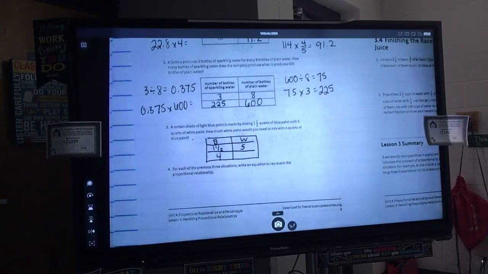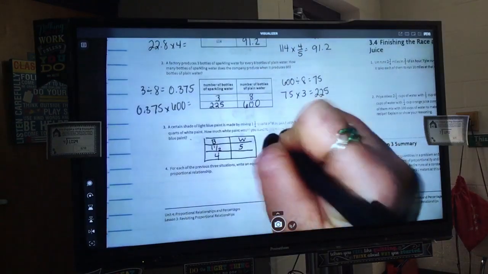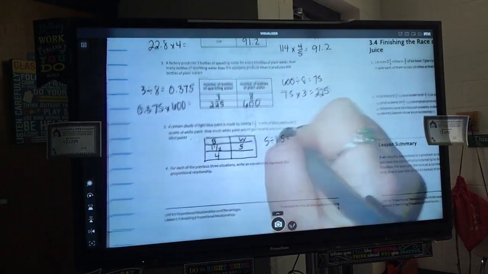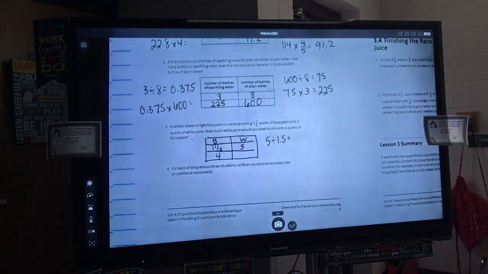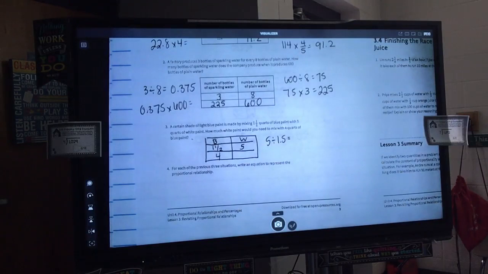They're not so hard. All right, what did you get for your answer? What does 5 divided by 1 and a half give you? Jack?